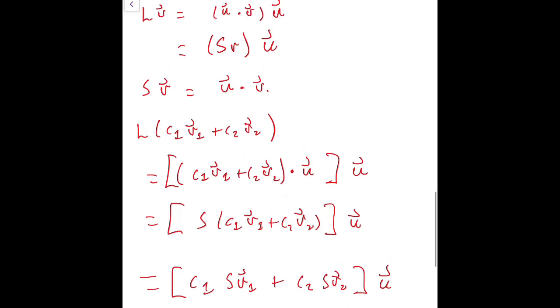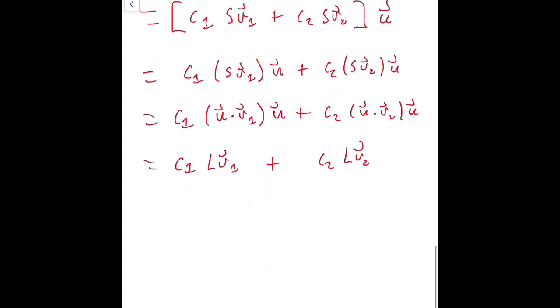It tells us that L applied to C1 V1 plus C2 V2 is equal to C1 times L applied to V1 plus C2 times L applied to V2. In other words, it tells us that L is linear. And notice we used the fact that the dot product is a linear function. That's what we proved in the previous problem, and that's what we used in this problem.